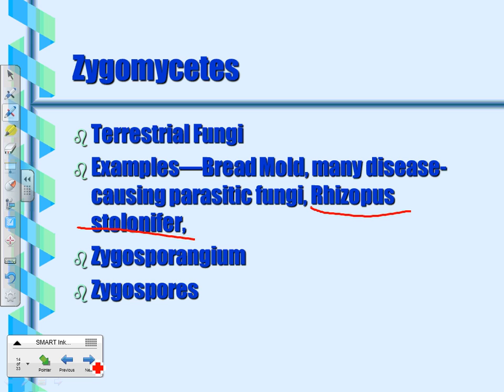Notice though, this group includes many disease-causing parasitic fungi. There are a lot of fungi that cause not only human diseases, but maybe more commonly diseases of what? It's probably the thing that gets most affected by fungal diseases. Athletes? No, non-human things. Plants. You see all these little things that look like shelves growing out of trees? You think that's good for the tree?